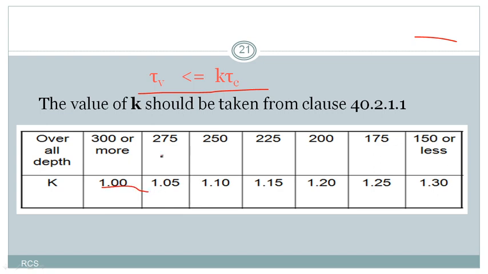Likewise for 275, 250, 225, 200, and so on. If the overall depth of the slab is 150 or less, then we can use a k value of 1.3. The obtained tau c value will be multiplied with k, and k into tau c will be the actual shear strength of the slab. Then tau v can be compared to it. If our tau v is less than k into tau c, we can say our slab is safe against shear.